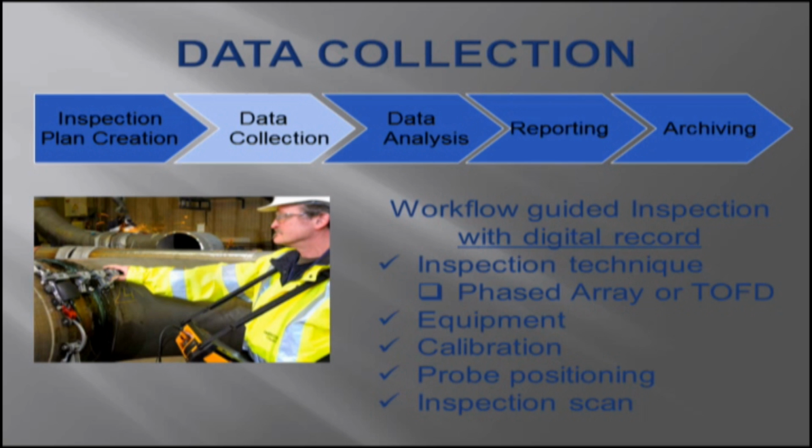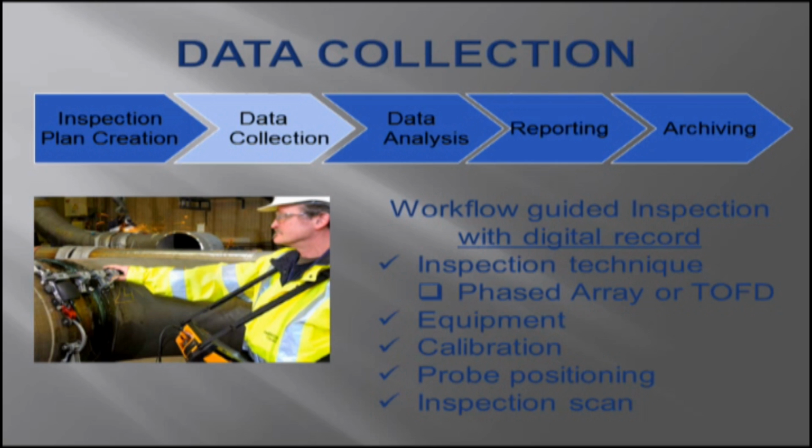The next step, obviously, is the inspection of the component. With a menu-guided inspection, you can be sure that it walks through the requirements of the inspection, specifies the characteristics of the probe down to the specific part number, relates it to the actual code which is being involved with the specific inspection, specifies the probe positioning in terms of the coverage that you're looking for and so forth.